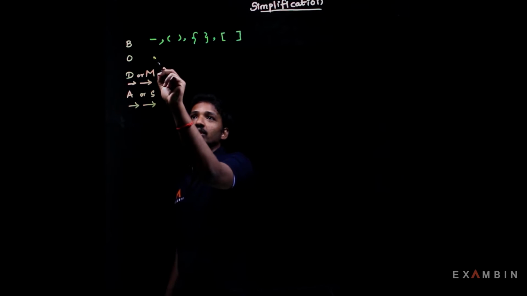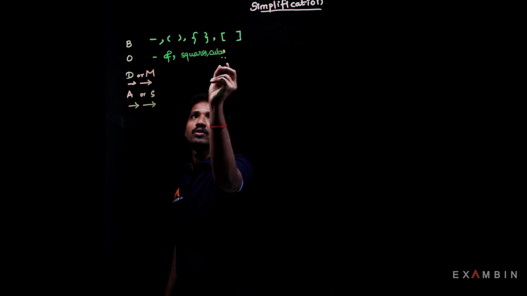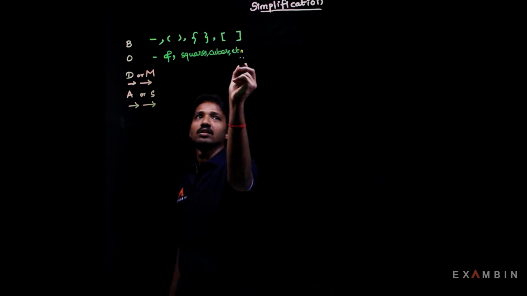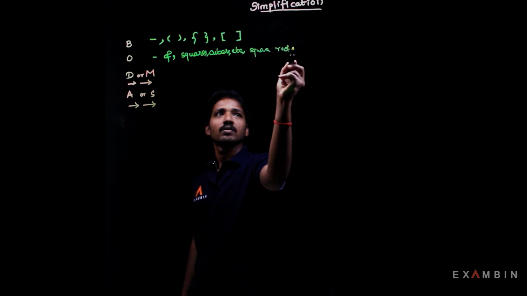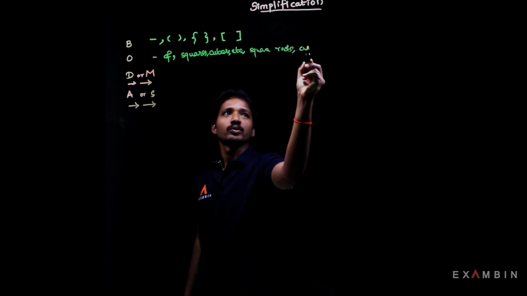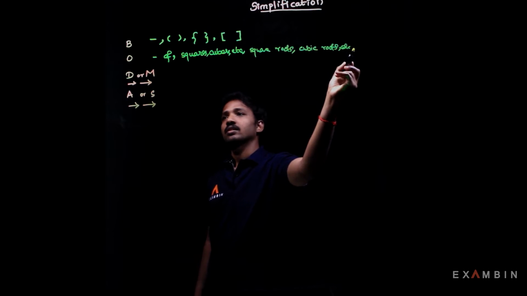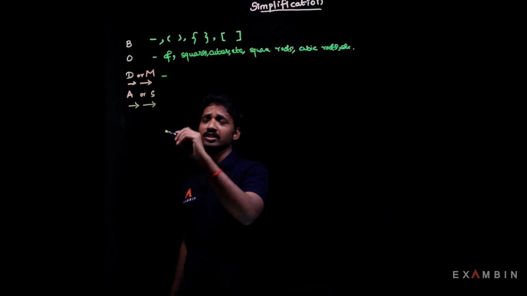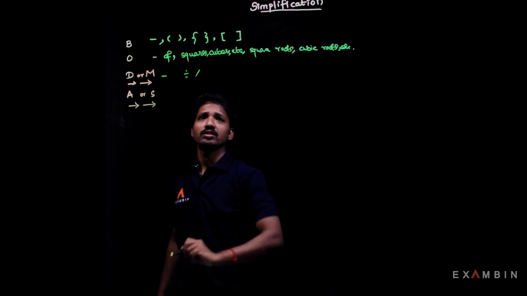So in this you will find of, squares, cubes, etc. and square roots, cubic roots, etc. Division and multiplication is denoted often by symbols like this.